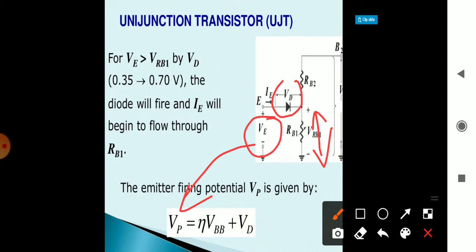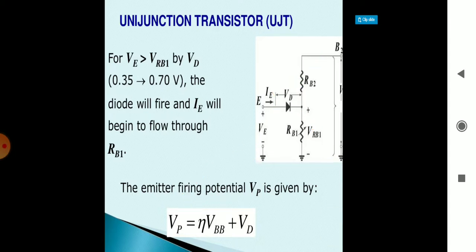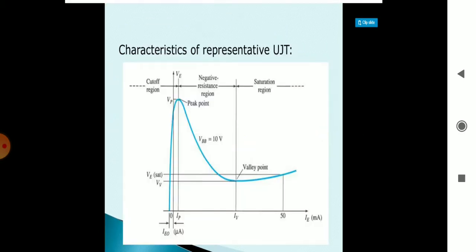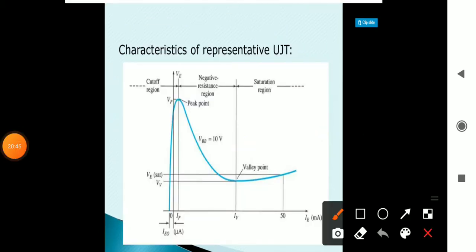Until it reaches the value of VP, this diode is in reverse bias. The current which is flowing until I reach the value of VP is the reverse emitter current flowing in the diode.